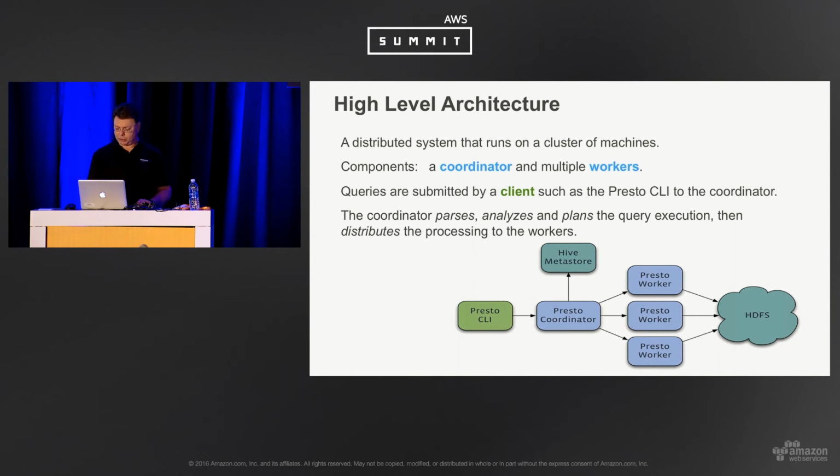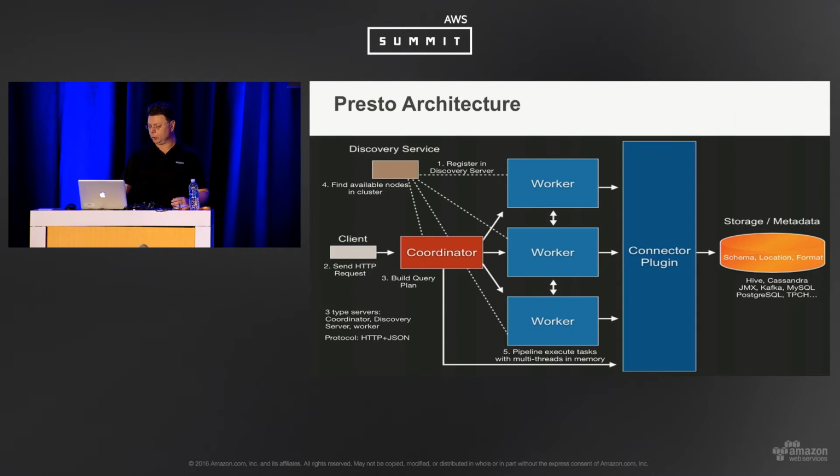And in this diagram, it's showing data persistence on HDFS. But very importantly, it's showing that it works with the Hive Metastore, which is a central directory of data sources within Hadoop clusters. A little more detail: there's a discovery service. So all the components, the coordinator and the worker nodes, register with the discovery service at startup. And then the sequence of events is shown here.